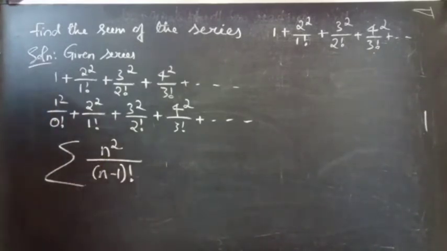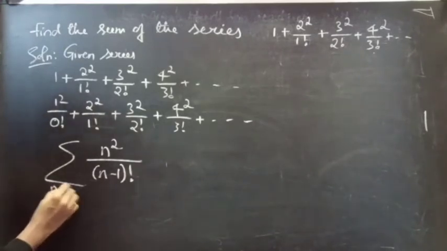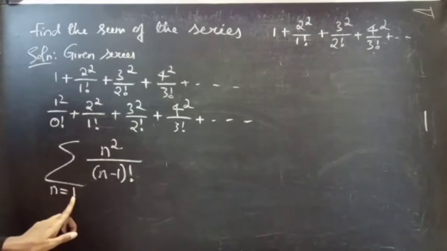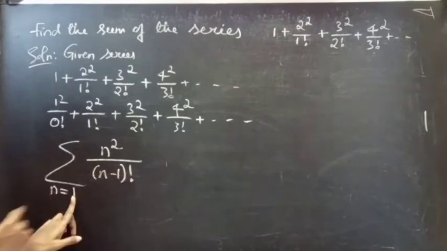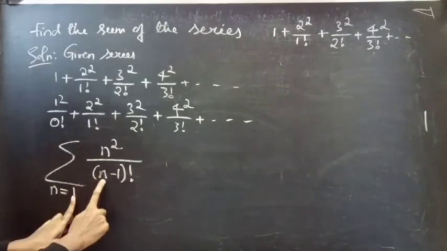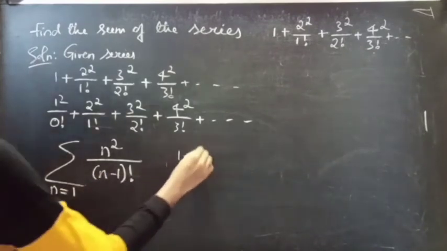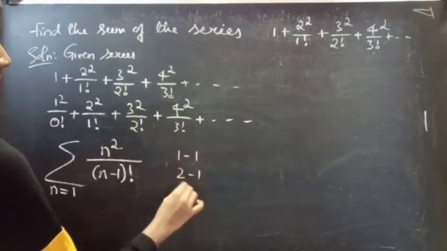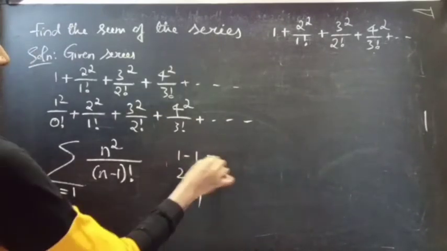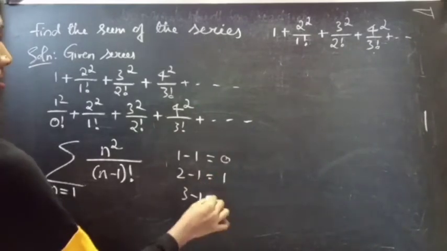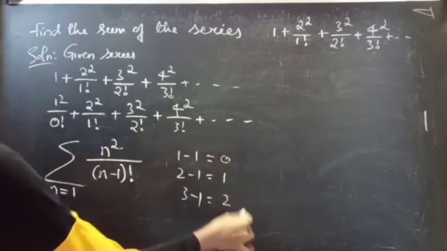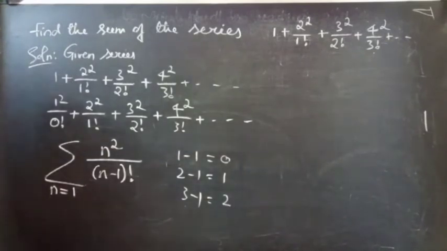So for n equals 1, why are we writing n equals 1 here? Because we have n minus 1 factorial. If we take n values from 1, you'll have 1 minus 1, 2 minus 1, 3 minus 1: 1 minus 1 is 0, 2 minus 1 is 1, 3 minus 1 is 2. So you'll get non-negative numbers.